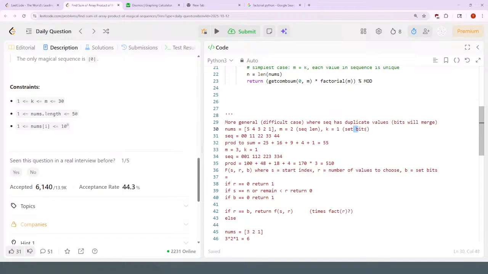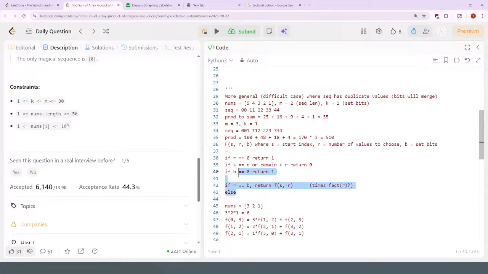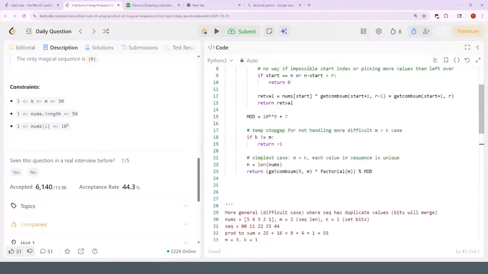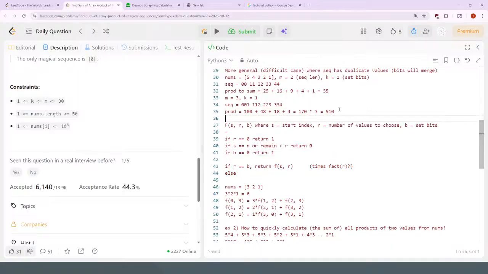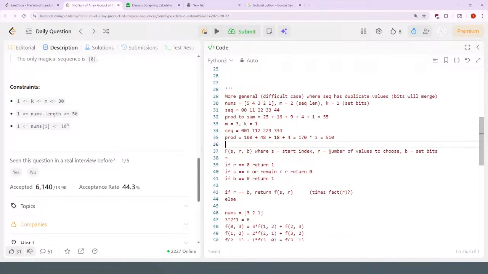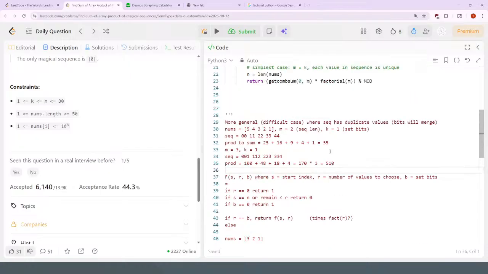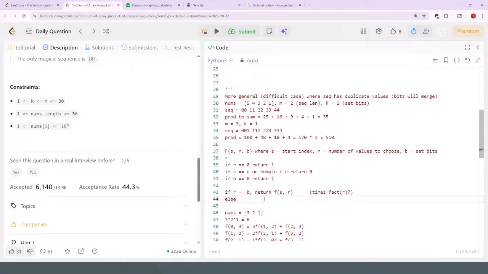Okay. So if the base case is when m and k are the same or m and b is the same, then so it's like f s. So you're choosing the current thing, choosing 2 of the current thing.